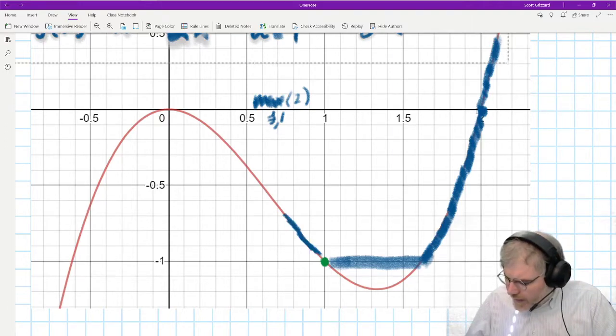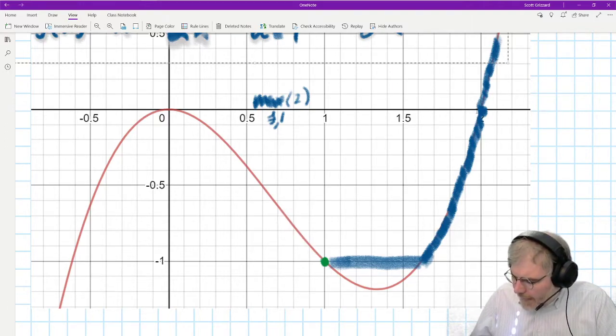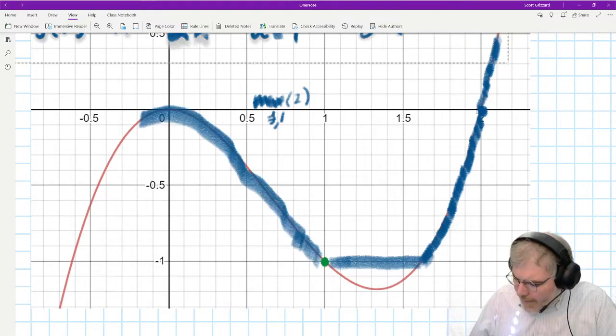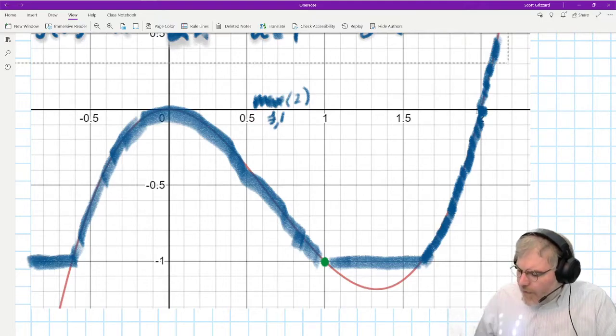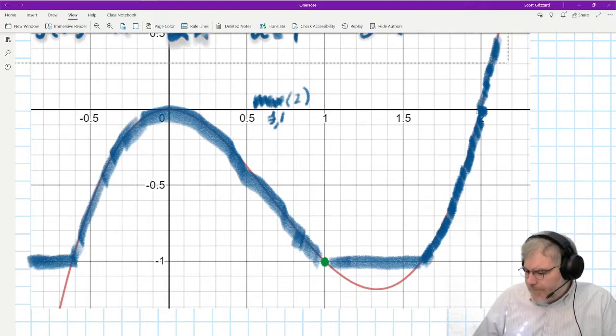I don't want it to be like that. But then when I hit -1, it goes like this. Right, because the -1 at that base point is bigger.